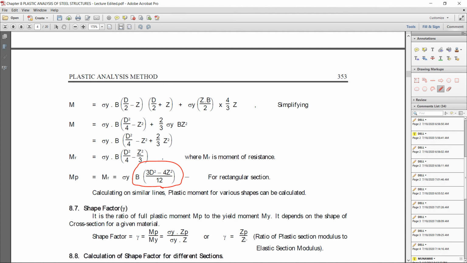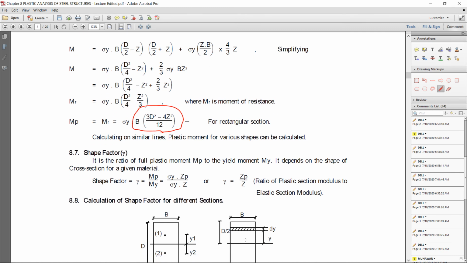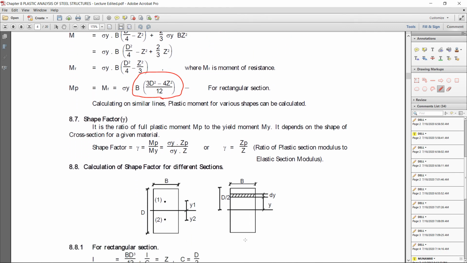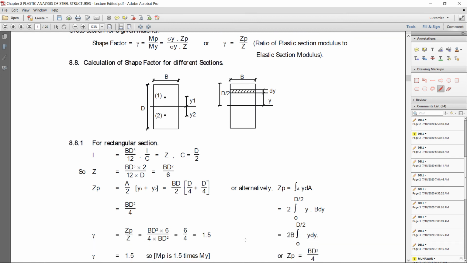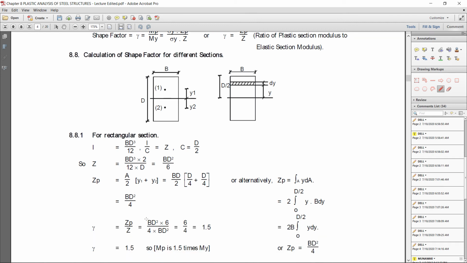Okay, let's see shape factor for rectangular section. For rectangular section, we already know the plastic section modulus and the elastic section modulus, so I will not calculate again. The plastic section modulus for rectangular section is b d square by 4, divided by b d square by 6.